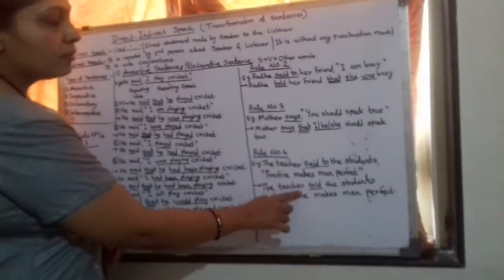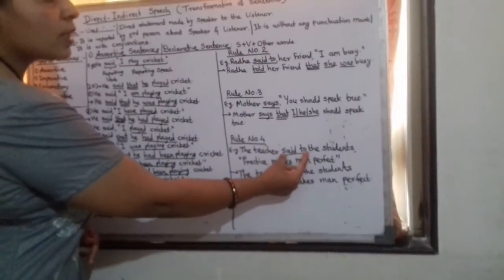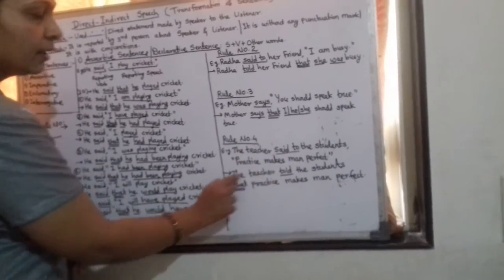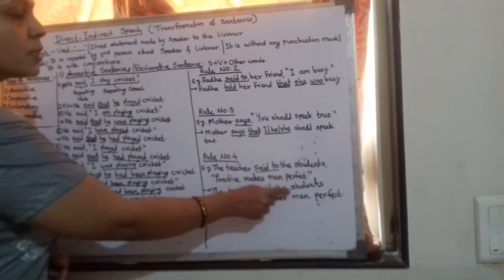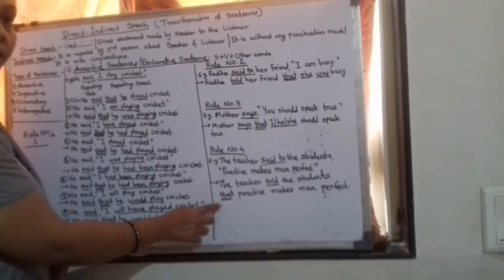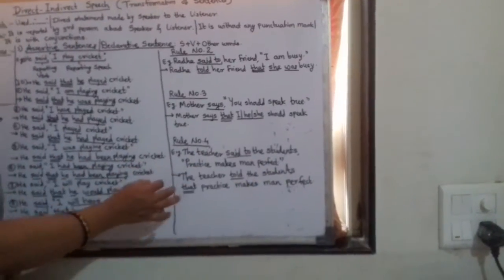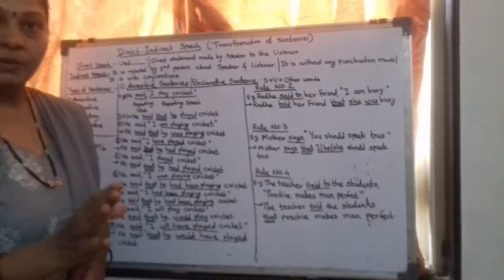The teacher told, as I told you in rule number 2, we have to remove the complete 'said to', and instead write down told. So the sentence will be: The teacher told the students, using the conjunction, that practice makes man perfect. Write down the sentence as it is because it conveys a universal truth.